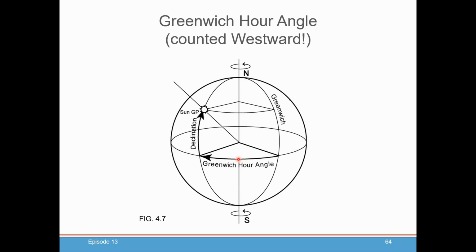The longitude, however, is counted both west and east. So longitude goes 0 to 180 west and goes 0 to 180 east. So you just have to be a little bit careful if you're trying to convert Greenwich hour angle to longitudes. You need to take that into account.